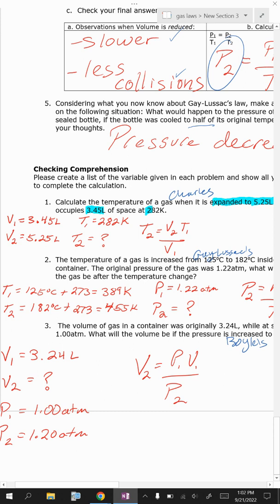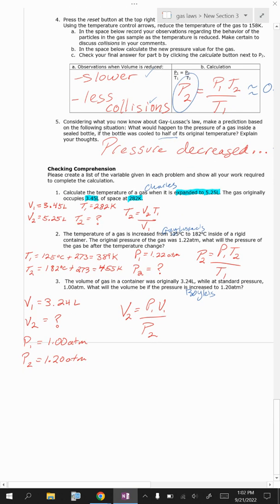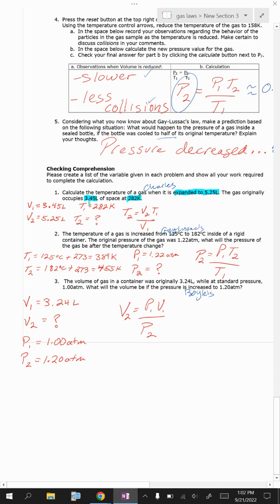That's a temperature. So first, it was 3.45 liters. Then it became 5.25 liters. Originally, it was 282 Kelvin, but final temperature we don't know.